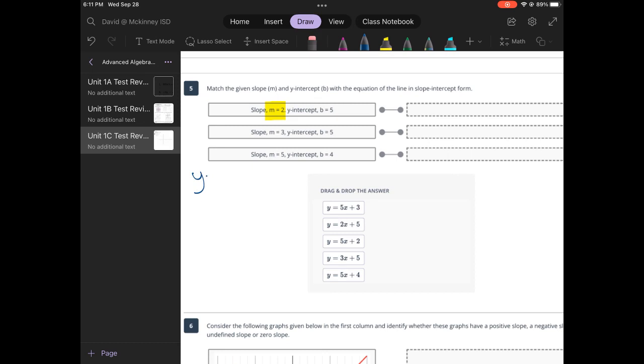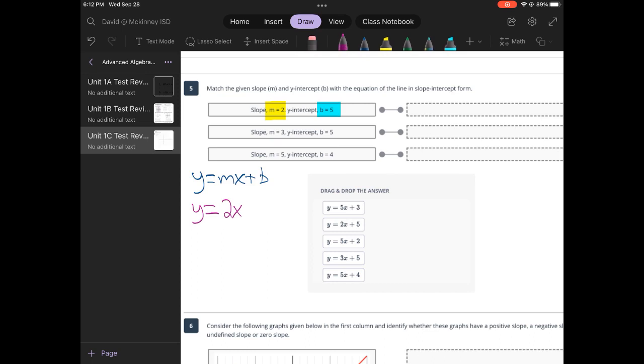In this question, my m value is 2, and my b value is going to be 5, at least on the very first option. So I need to substitute 2 for the value of m, write my x, and then 5 for the value of b. So the equation that I would write here is y = 2x + 5.